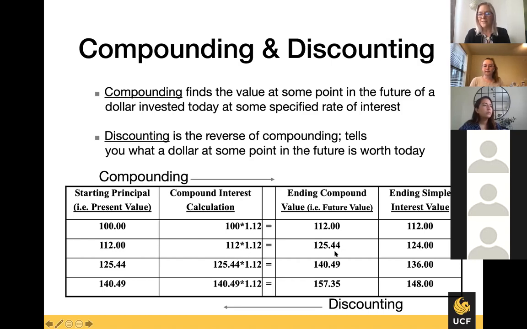And so we can see here that because the $12 that we earned in the first year of our investment also earned interest in the second year, we end up with $125.44 instead of $124.